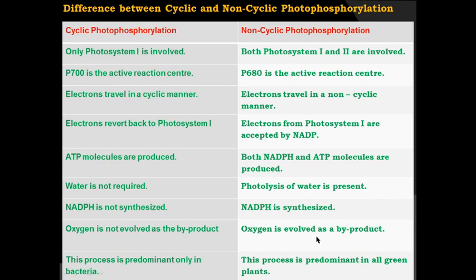In non-cyclic, oxygen is released because the water molecule is broken down by this pigment system second. Cyclic photophosphorylation is predominant only in bacteria and non-cyclic is predominant in all green plants. Thank you.